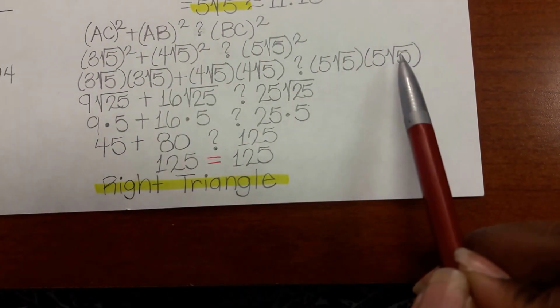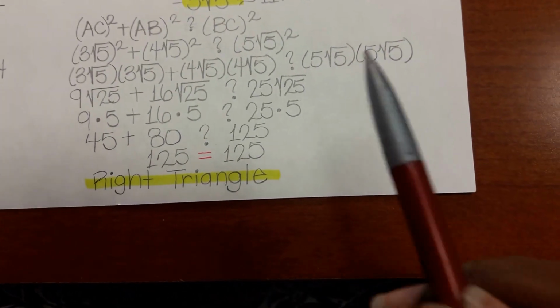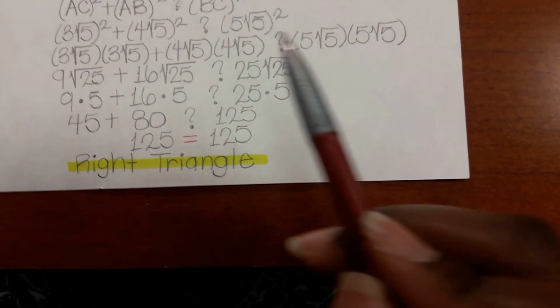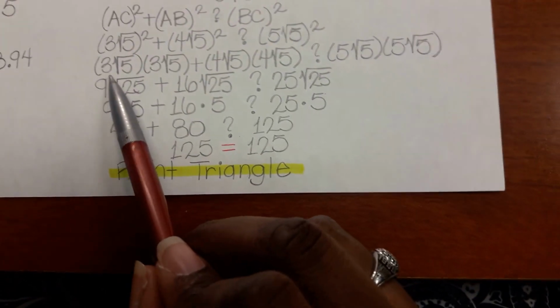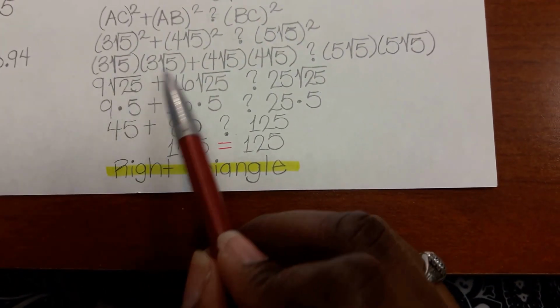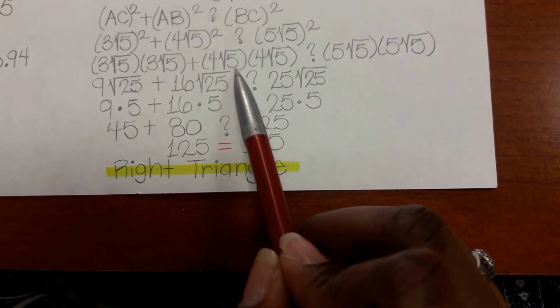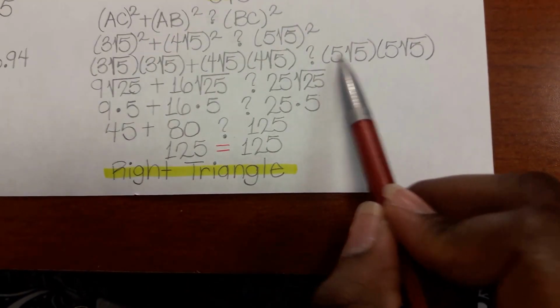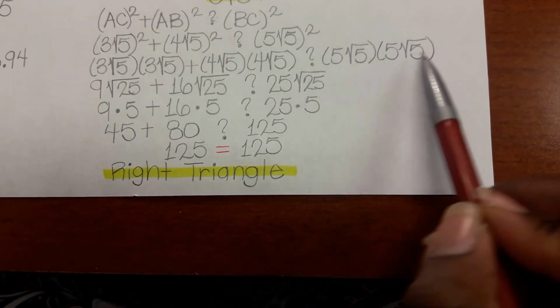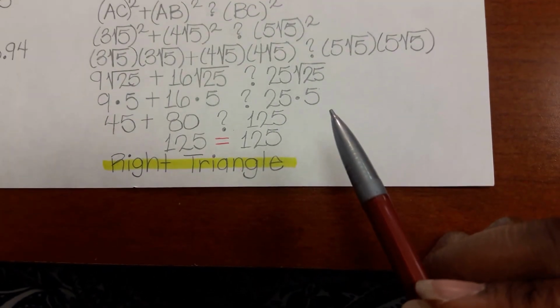You write each base out twice, and then we multiply. Parentheses mean multiply. So 3 times 3 is 9, 5 times 5 is 25, plus 4 times 4 is 16, 5 times 5 is 25. 5 times 5 is 25, 5 times 5 is 25 again.